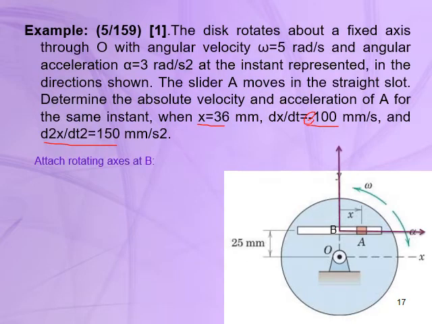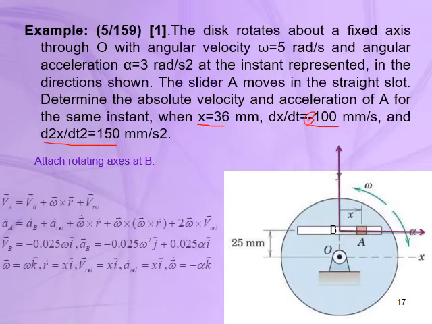As you can see, we attach this coordinate system at point B, and it is rotating with the disk, because it is attached to the disk, and when the disk is rotating, the relative coordinate system is rotating with angular velocity omega and angular acceleration alpha. So now you only need to obtain the parameters in the equation.